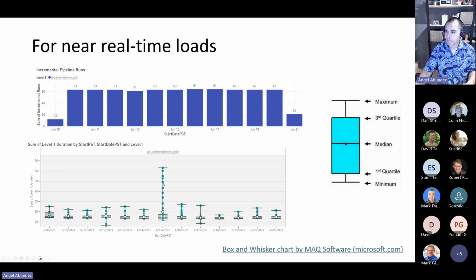And this box and whisker visual is very, very handy. It's a custom visual by Mac Software. It doesn't cost you anything, but it's a great tool to figure out the distribution when you have something like what I had, which is all these pipeline runs with varying times, to gauge how well I am against that 20-minute threshold.